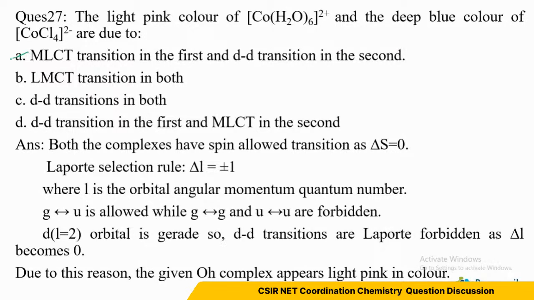The MLCT transition is not possible in the first, so you can cancel this out on the basis of MLCT only. Moving on to the next part, it is LMCT transition in both, ligand to metal charge transfer. Ligand to metal charge transfer occurs when the metal is electron deficient, right?